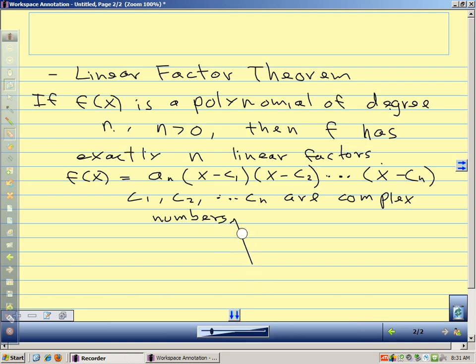So this just tells us if we have degree n, we can factor our polynomial into n terms that look like this. And our factors are x minus some complex number.